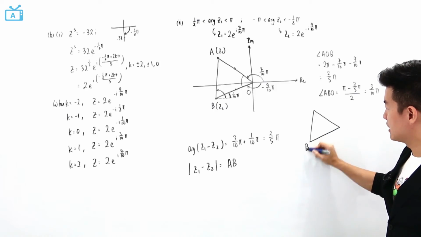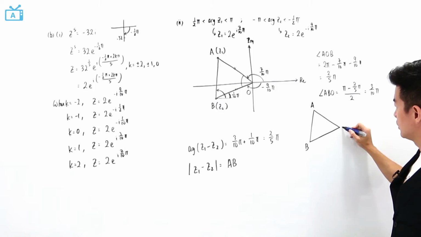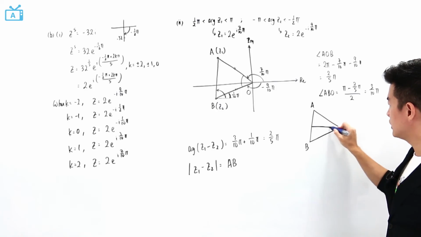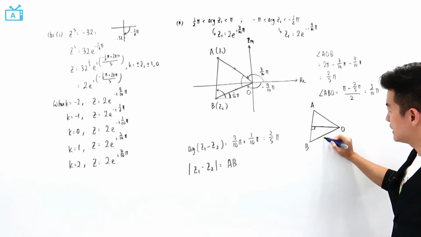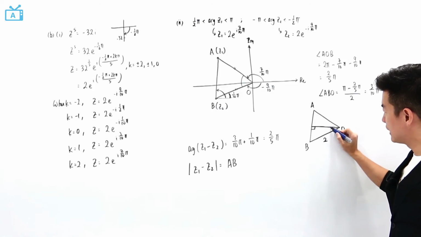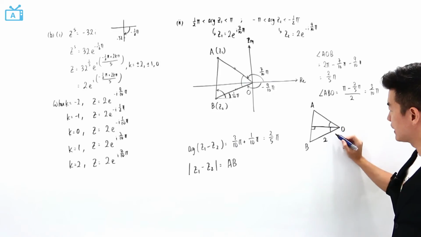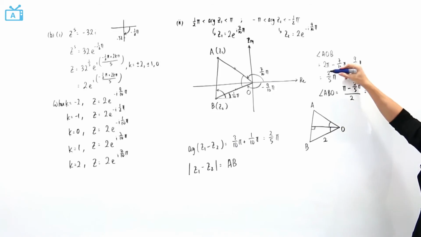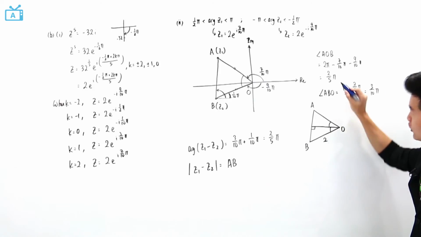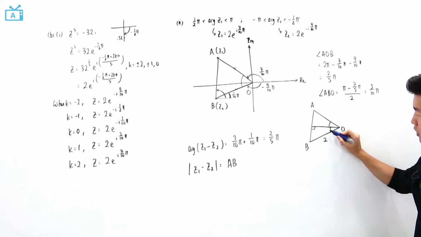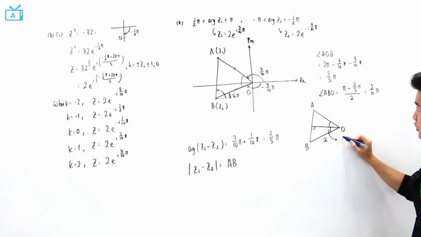If this is B, this is A, this is the origin O, and I draw a line here such that it is perpendicular to AB, then this length here is 2, and this angle here is the same as this angle. This whole angle we have already found to be 2 over 5 pi, so this small little angle here is going to be 2 over 5 pi divided by 2. So this angle here is going to be 1 over 5 pi.